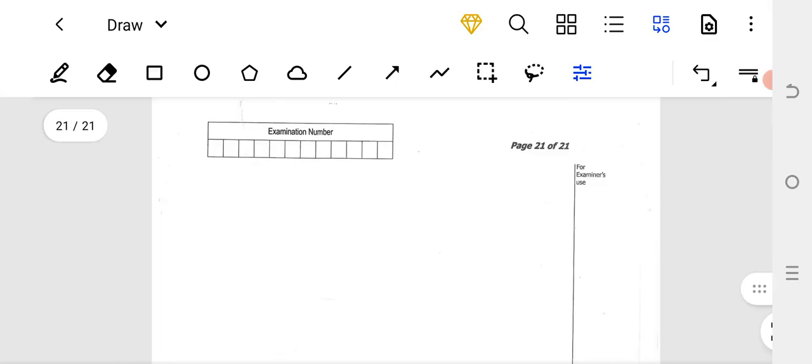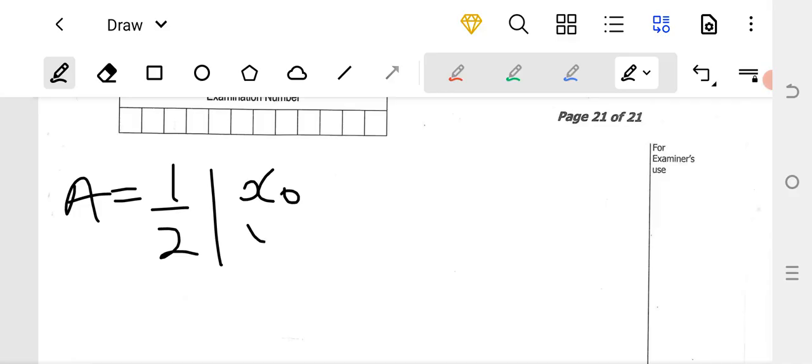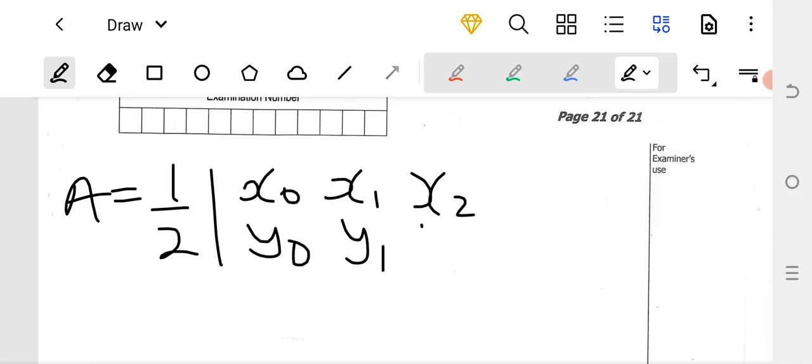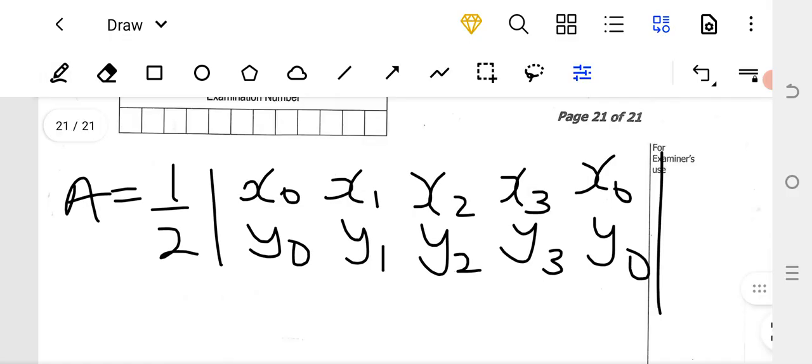If you know the formula, this question was easy, my friend. Area is equal to half of x0, y0, x1, y1, x2, y2, x3, y3, then x0, y0. That's what we need to do.